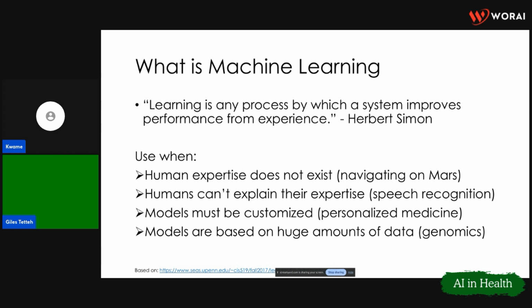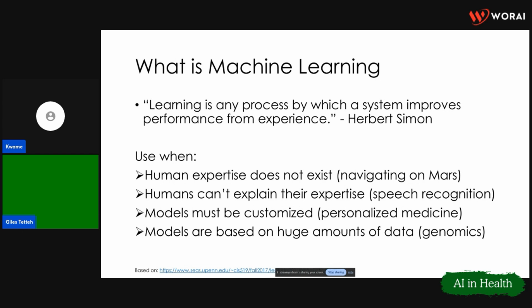And then we also have cases where the models must be customized, right? So we have what we call personalized medicine, where we want to make sure that we don't prescribe one medicine for everybody, but we're able to personalize the medicine based on the person's needs.